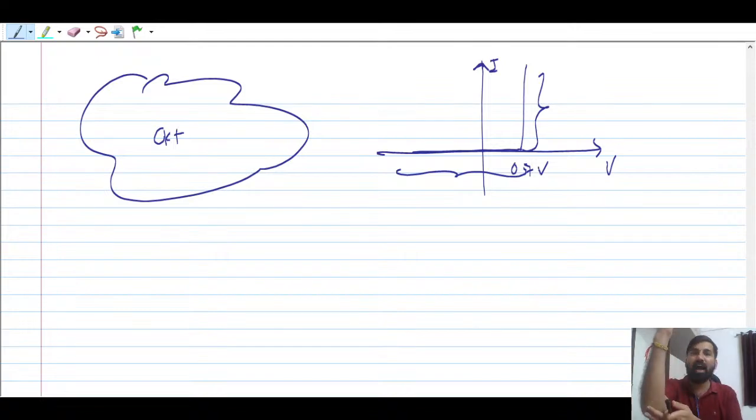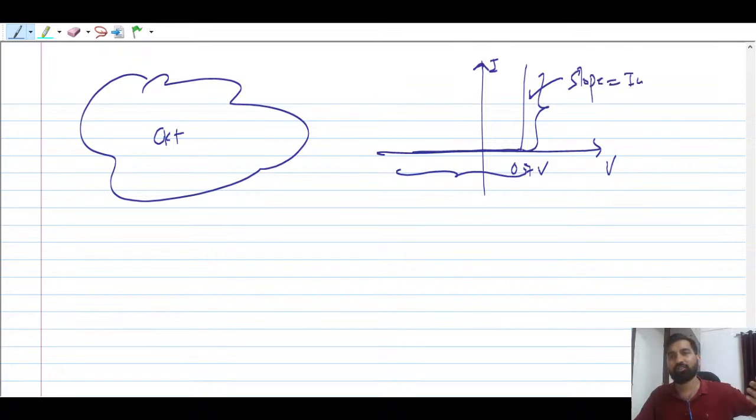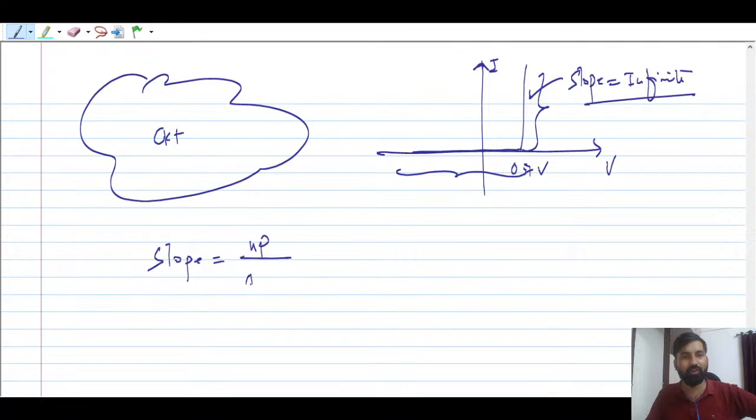So whenever an I versus V graph is given in the question, and if it is like this, kind of vertical, then you can say yes, resistance is going to be 0. Why? Because what is its slope? The slope this guy has got is infinite. And how to find slope, guys? Always remember, slope is nothing but up upon across, right? You go up, how much you are going up and how much you are going across. You're not going across anything, because this guy is constant here.